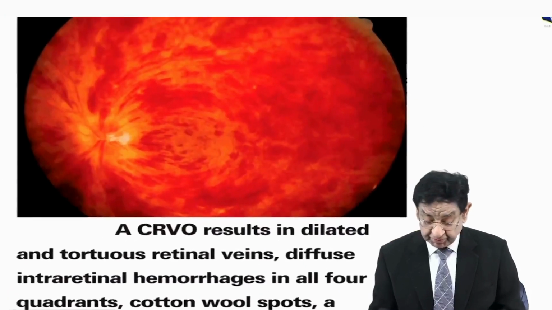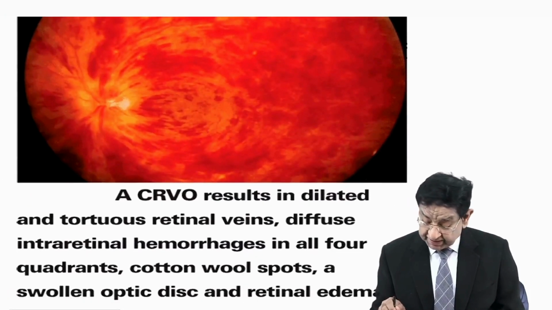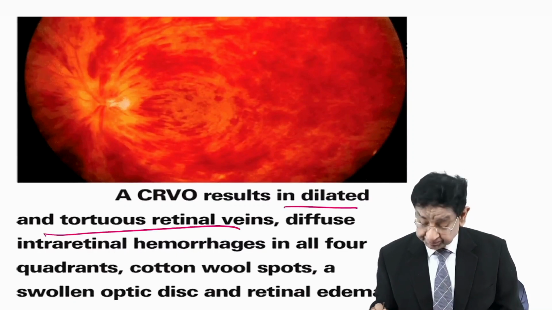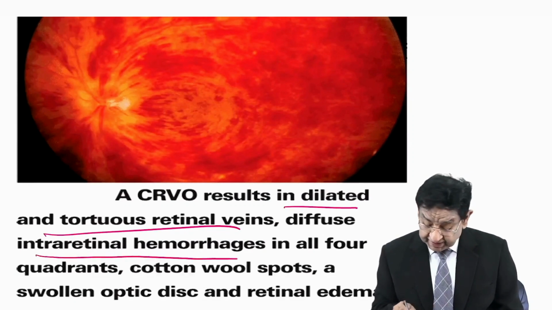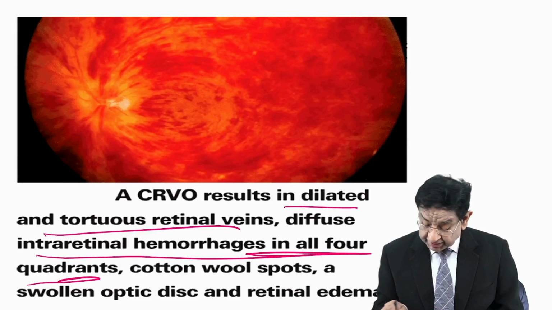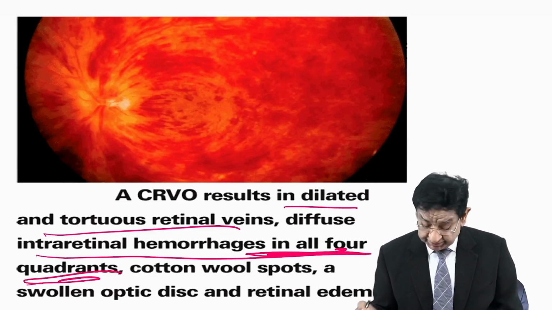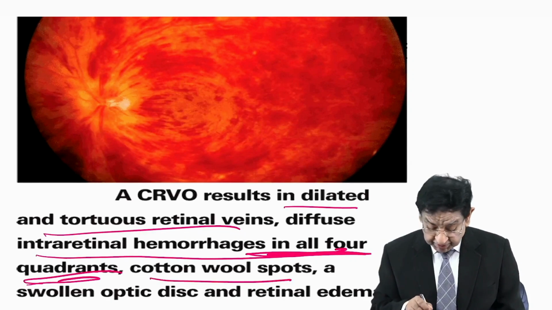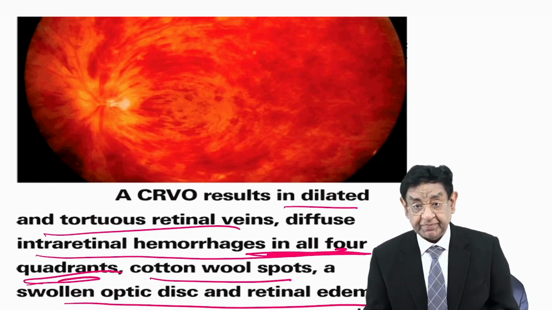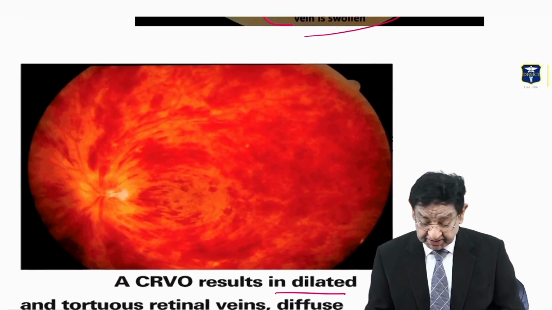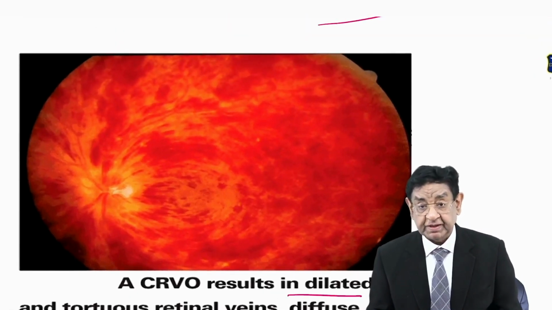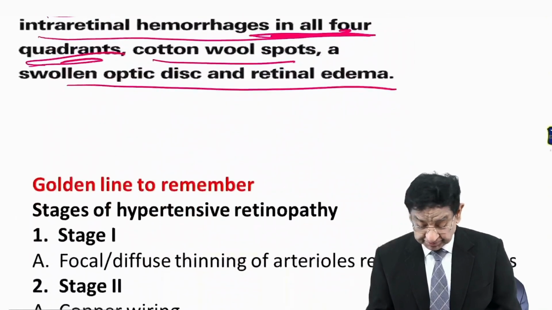This is a beautiful picture. Dilated and tortuous veins, diffuse intraretinal hemorrhage in all four quadrants. If you get this word, bleeding in all four quadrants, cotton wool spots, swollen disc and retinal edema, it is the classical picture that we are seeing here also, so-called central retinal vein occlusion.